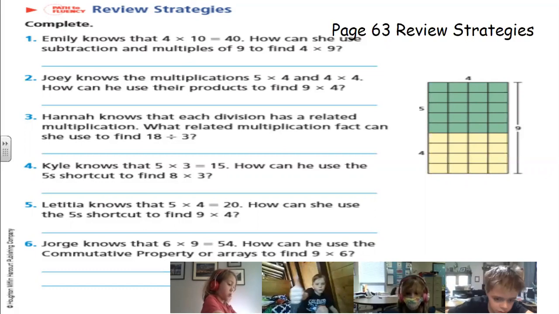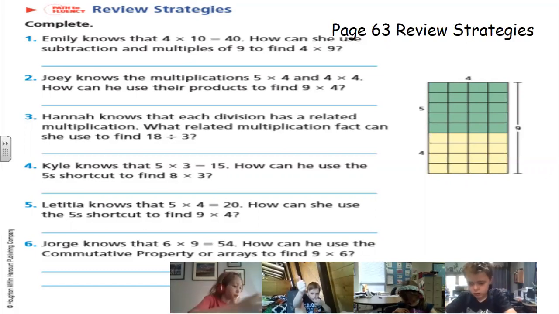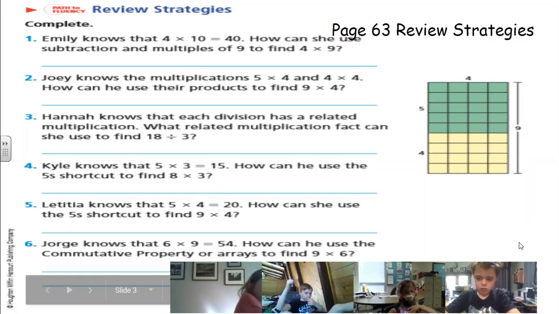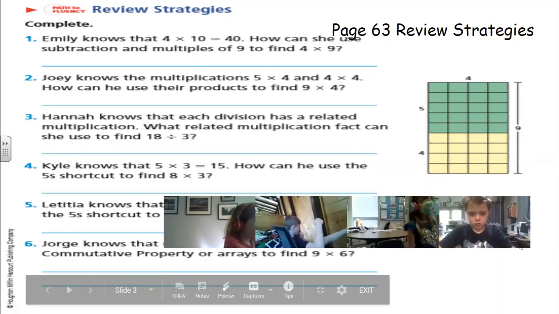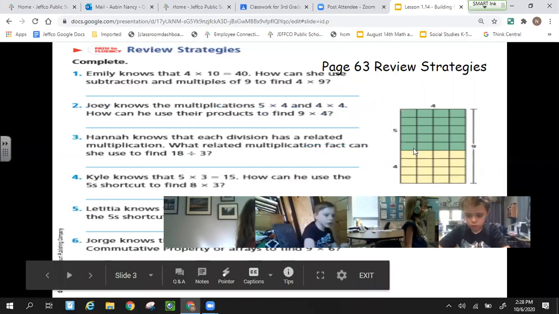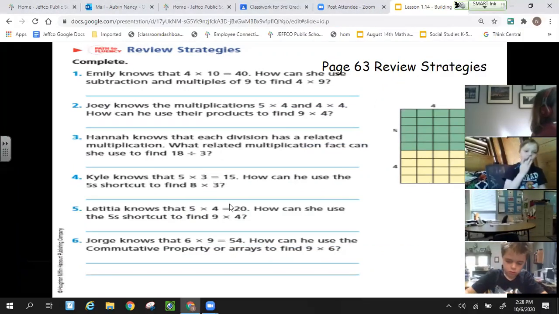Robert also has an answer. Robert, can you unmute and share? It's 4 times 10 minus 4 equals 36. How do you know that? Because I know that 4 times 9 is 36, and then... But you say you didn't know 4 times 9 is 36, right?